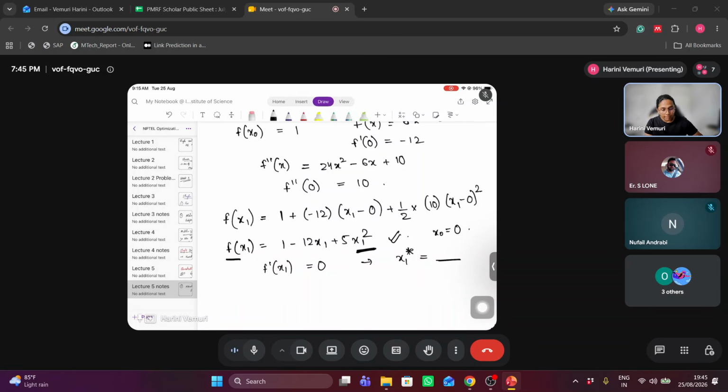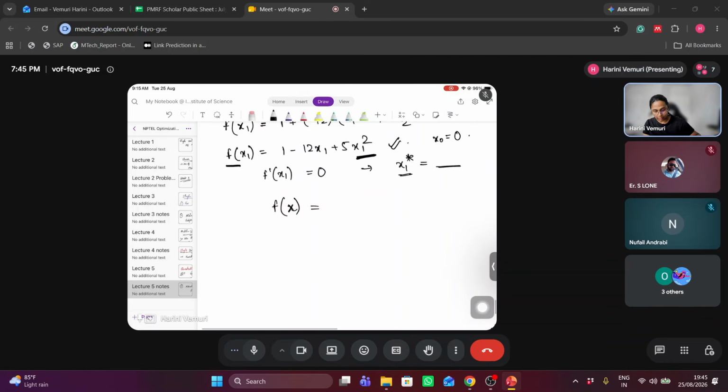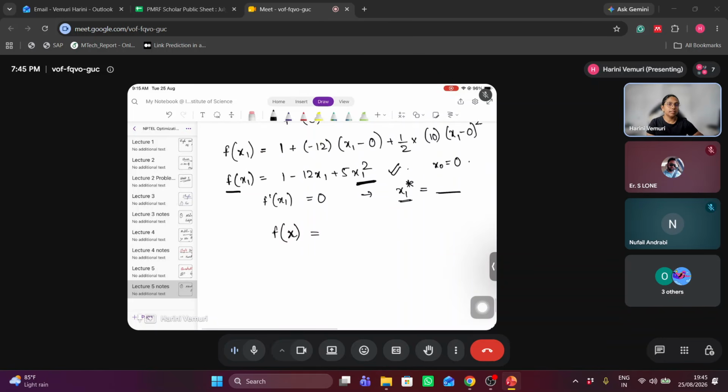But this doesn't have to make our main equation f of x also optimum at that particular point. So that's why we go for other iterations. Is this clear? Is this step how we are doing?